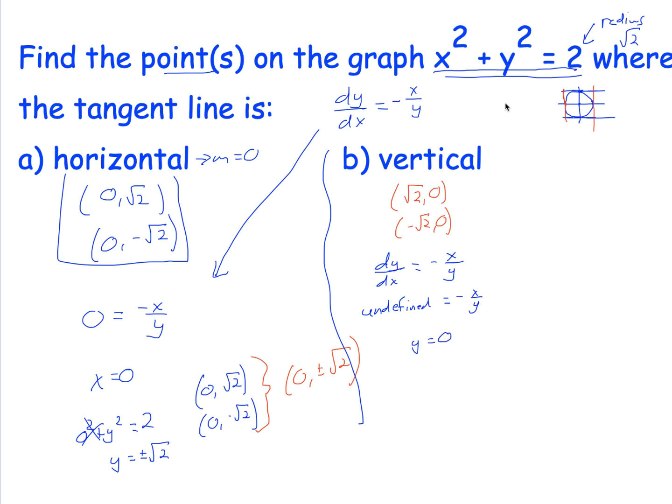And then you take that 0 and you plug it into this equation, and you would put x squared plus 0 squared equals 2. This is 0. You take the square root of both sides, and you get plus or minus root 2 again, which this time you could say plus or minus root 2, 0, your x values and your y value. So 2 ways to do it. Obviously, in this case, the graph was much easier. We got our answer quickly, but maybe that's not always the case that we can do that.